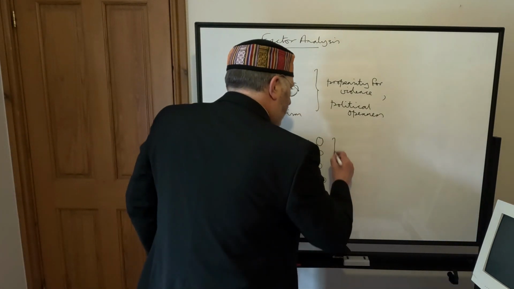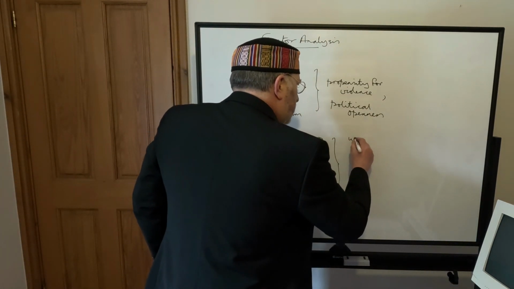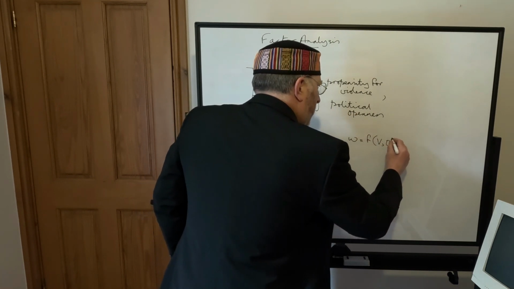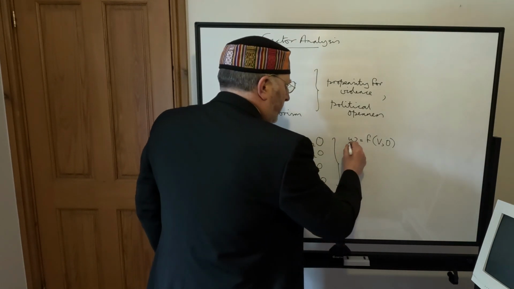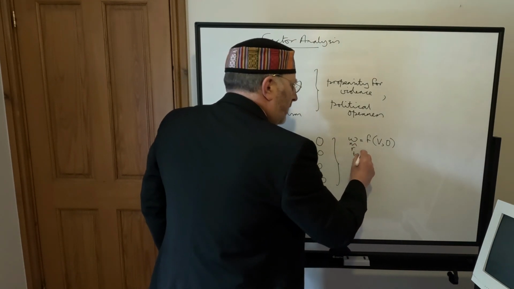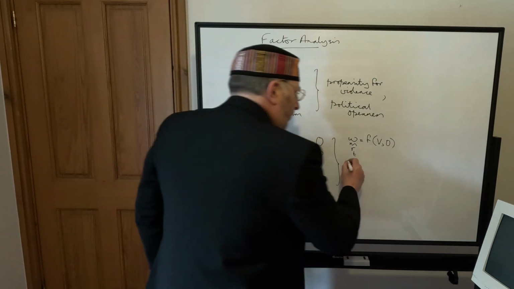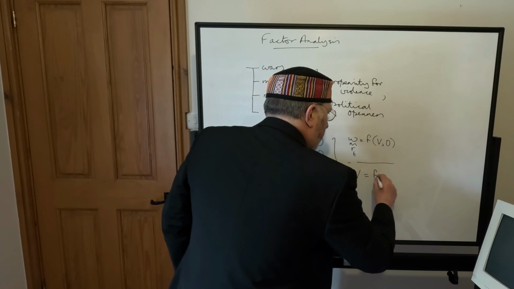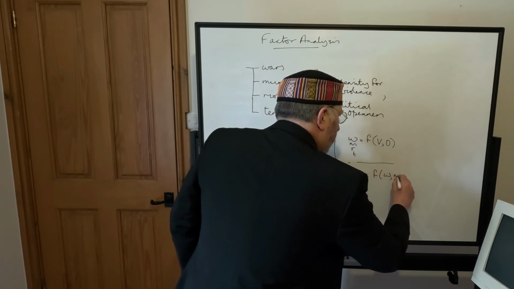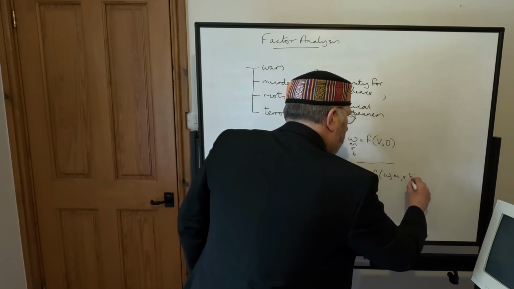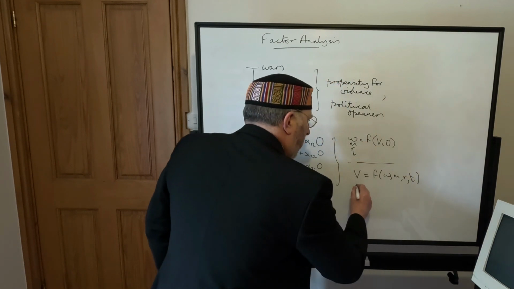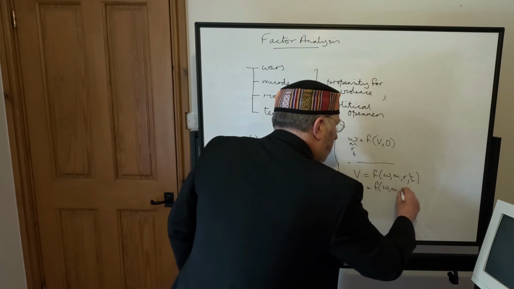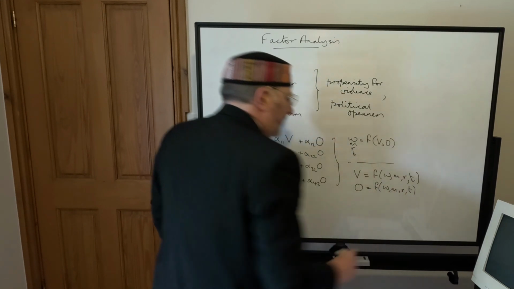So this set of equations gives W, M, R and T as functions of V and O. But what we would really want is V as a function of W, M, R and T, and O as some function of W, M, R and T.